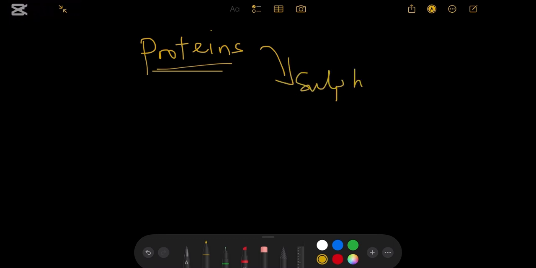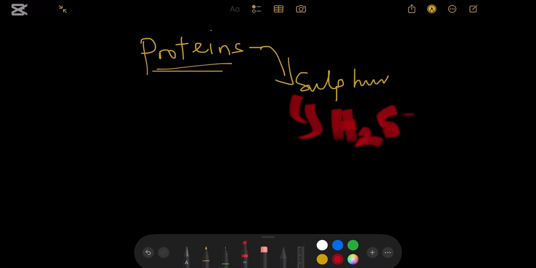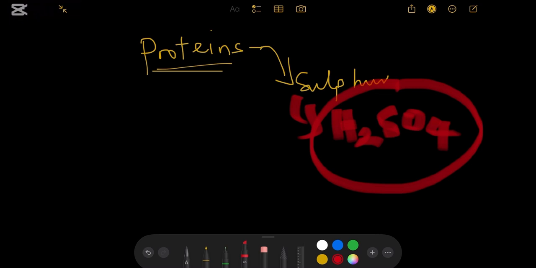When they see the connective tissue, which obviously contains protein, being broken down, they will release something called sulfur. We obviously know that sulfur is contained in proteins. Now, when this sulfur is released, we are expecting H2SO4, which is a very bad solution. Now, this H2SO4 is what is going to cause the very pungent, putrid smell.